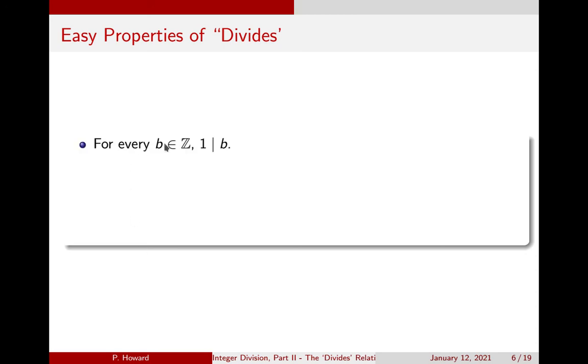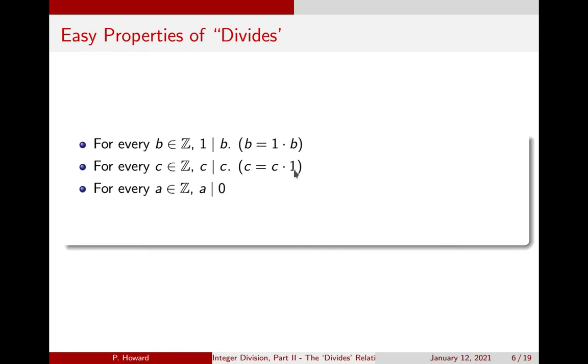And now here's a list of fairly easy properties of the divides relationship. For every integer b, 1 divides b, because you can factor b into 1 times another integer, namely b. For every integer c, c divides c, because c can be factored into c times another integer, namely 1. For every integer a, a divides 0.